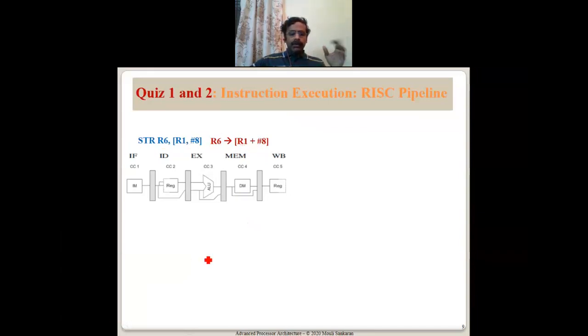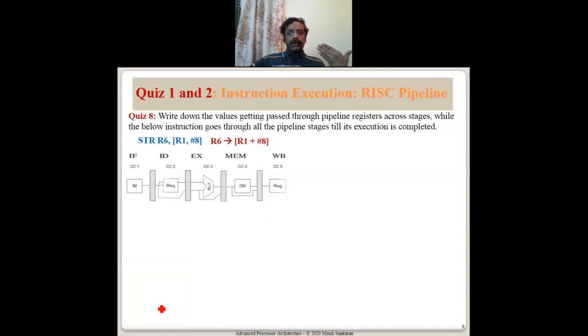So I want you to pause for a minute, execute this instruction through the pipeline, and write down the values that would have come in each pipeline register when this instruction was going through the pipeline. I'm sure you should be able to do it. Okay, so pause it, do it now.